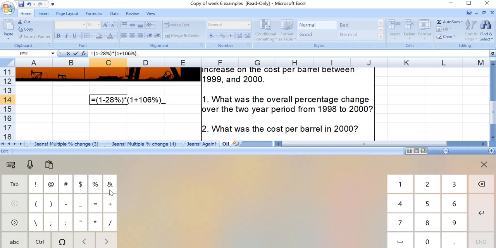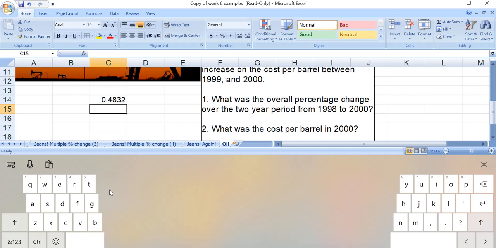Oops, that's not the minus sign. All minus 1. And when we hit enter, we're going to end up with an overall 48.32% change from 1998 to 2000.